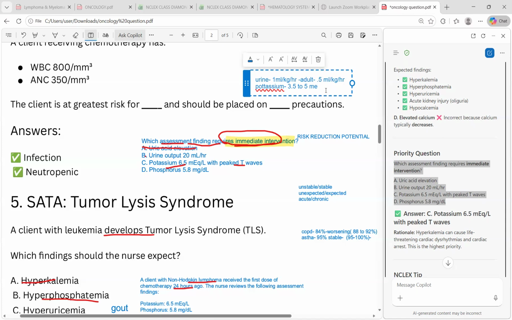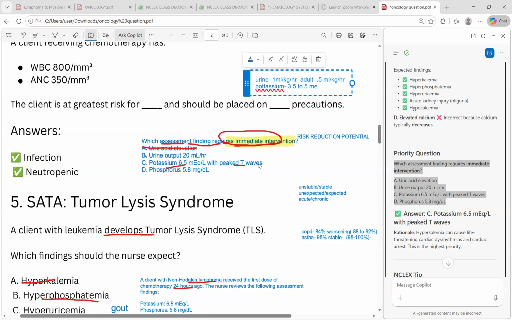Here it is mentioned that potassium is 6.5, which indicates a worsening level of potassium. That means it is too high. Potassium is 6.5 with the peaked T wave. T wave is peaked means the ECG rhythm is changing. So if we do not manage this client, what can happen?